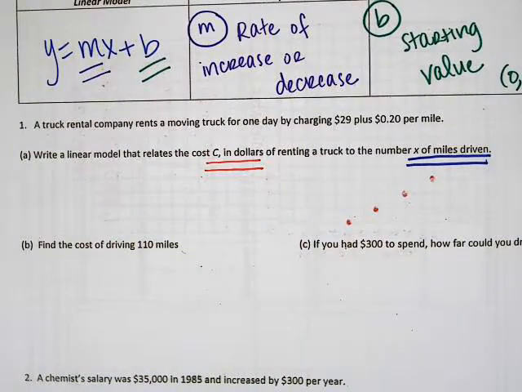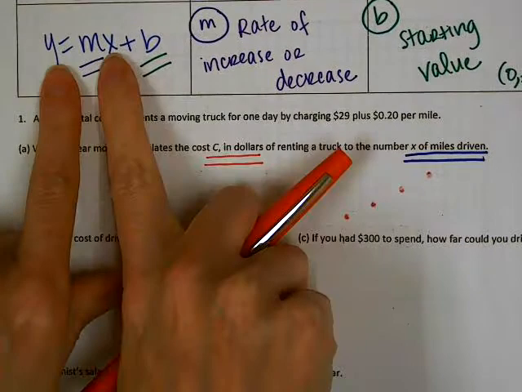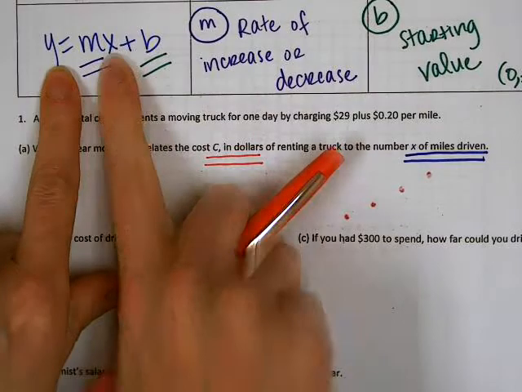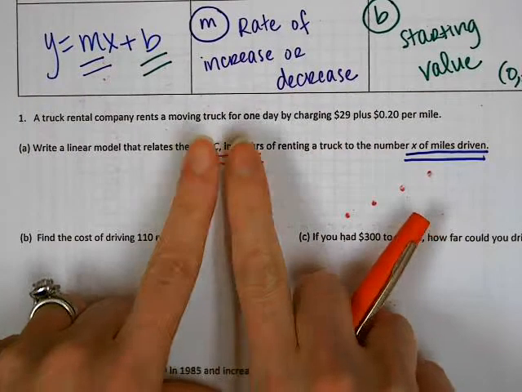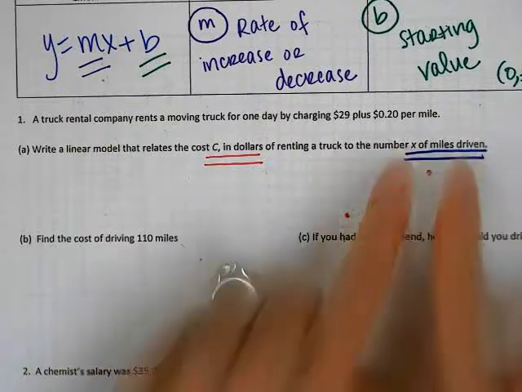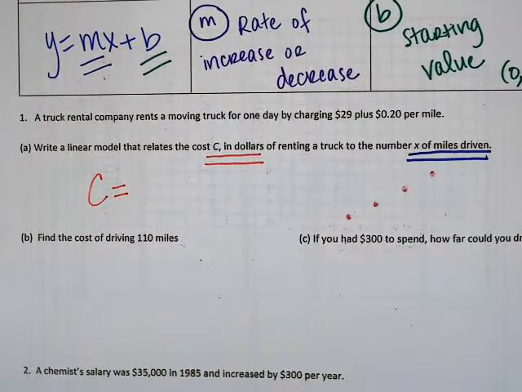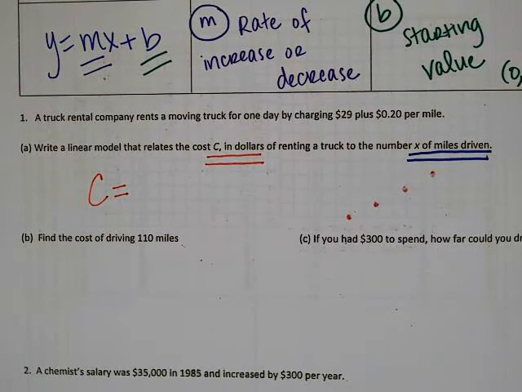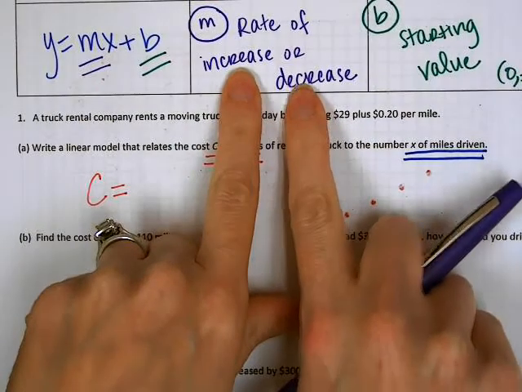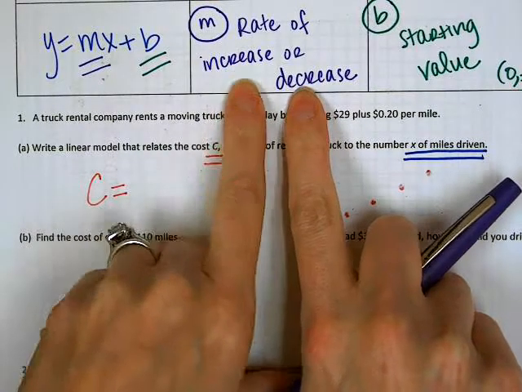The first thing you have to figure out is which one's Y and which one's X. Cost depends on miles. So it's going to be C equals mx plus b. What's going to be the slope? What is the rate that the amount is increasing or decreasing?